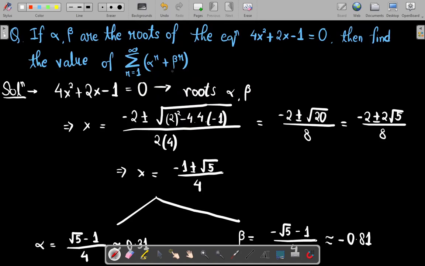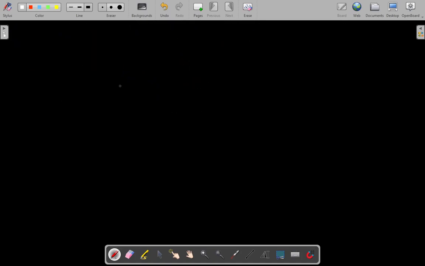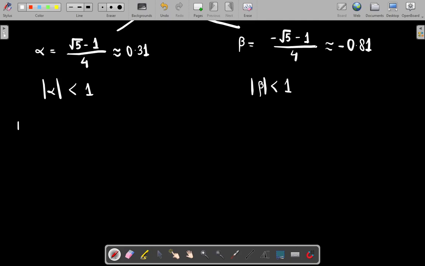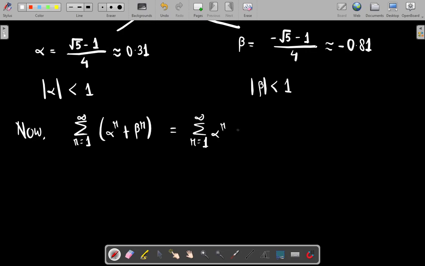Now we try to look at the sum. The sum is r goes from 1 to infinity of alpha raised to the power r plus beta raised to the power r. We can separately write these sums: summation r from 1 to infinity of alpha raised to the power r plus summation r from 1 to infinity of beta raised to the power r.